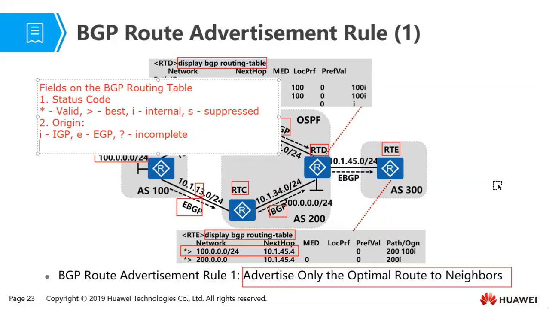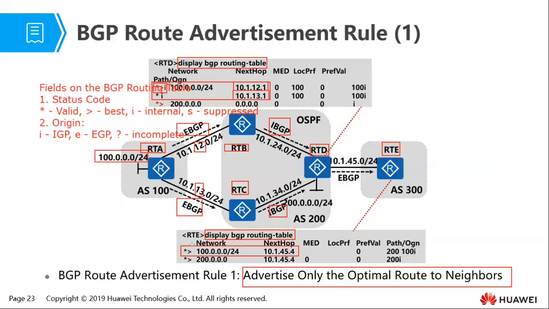Then we also have other fields like the network. The network field simply is used to specify the network that has been advertised, the network address. Next hop is the next hop towards the destination, so the IP address of the next hop. MED, multi-exit discriminator, we are going to look at it in depth in the coming slides.